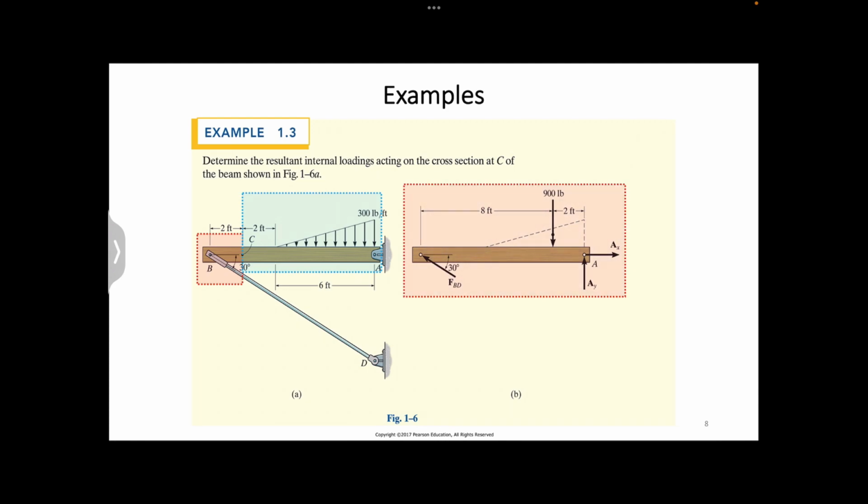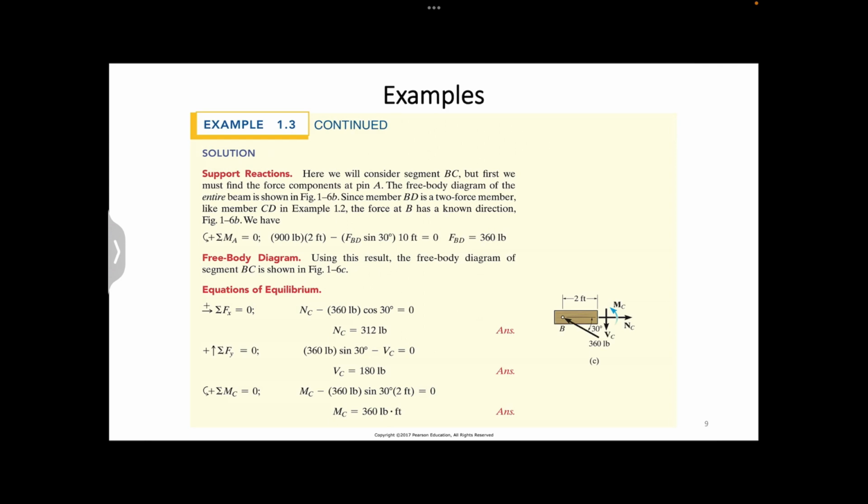As you can see, that force can be found by taking sum of moment about point A. Here is that summation, from which we can find the force FBD to be 360 pounds.